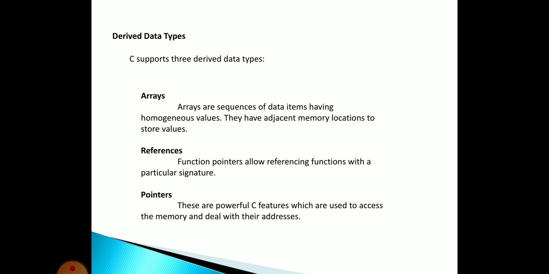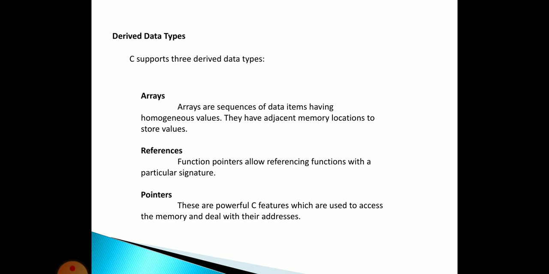A collection of similar values can be represented using an array, for example, a series of numbers or a series of characters, a name of a person, etc. Arrays use consecutive, adjacent memory locations to store the values specified inside them.